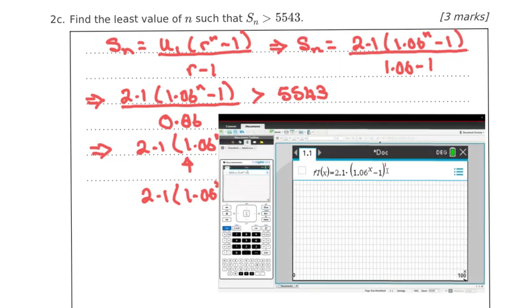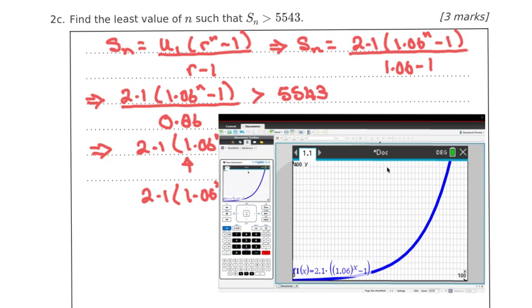If you open a graphs page, I've changed the window so x goes up to 100 and the y value goes up to 400. I've typed in the equation 2.1 times brackets 1.06 to the power of x minus 1. If I now press enter, it should draw me the graph. So there's my graph. Now I want this value to equal 332.58.